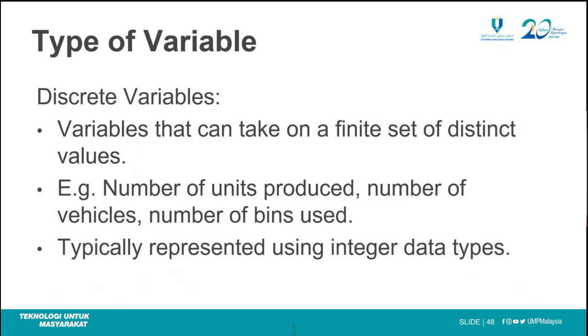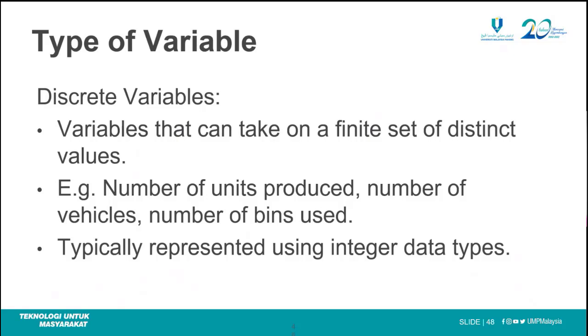Then the discrete variable is a variable that can take on a finite set of distinct values. For example, the number of units produced in our production is discrete data. Also the number of vehicles, the number of bins used, and so on. The discrete variable is normally represented using the integer data type.